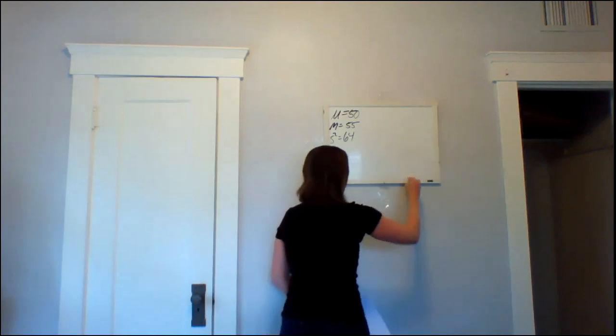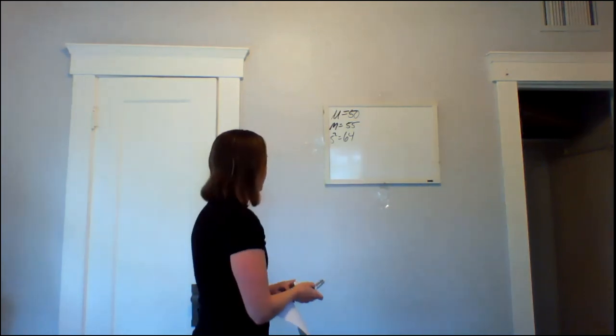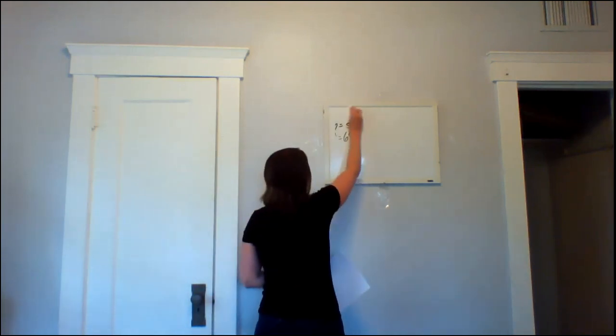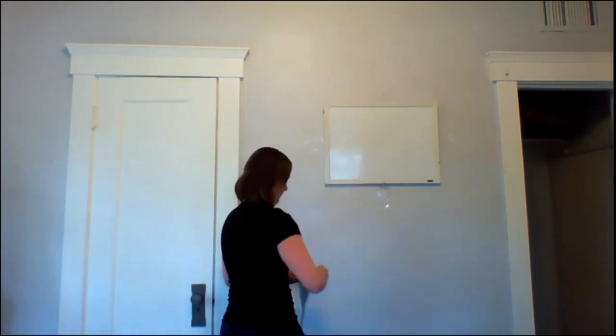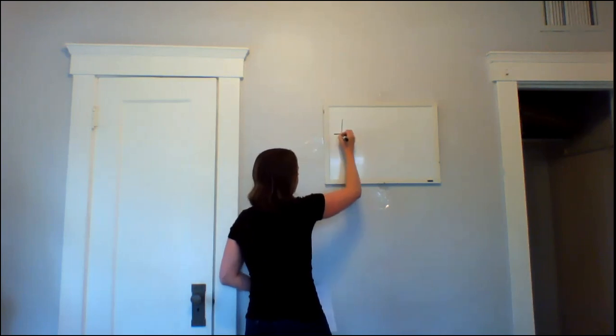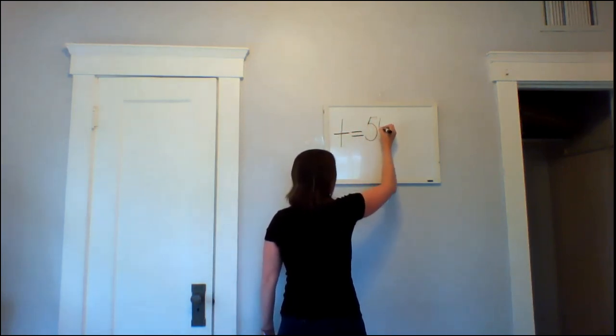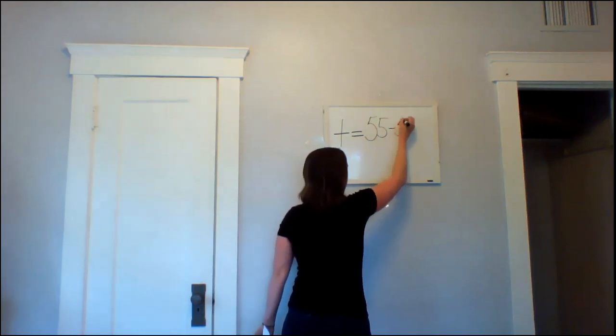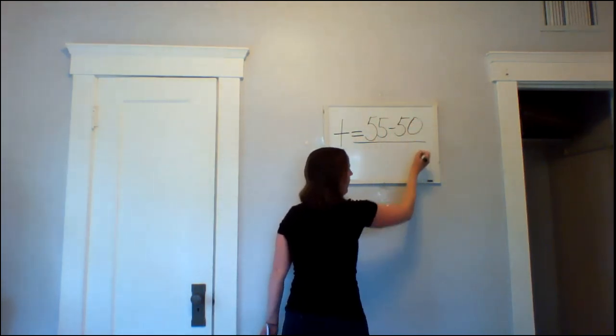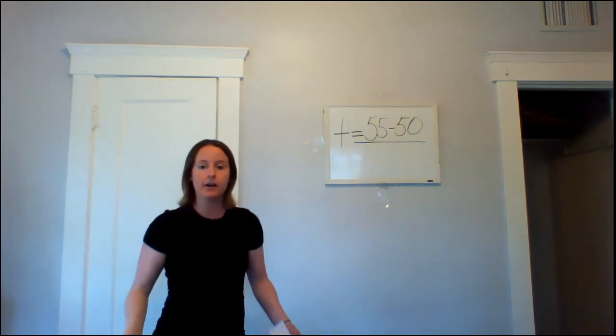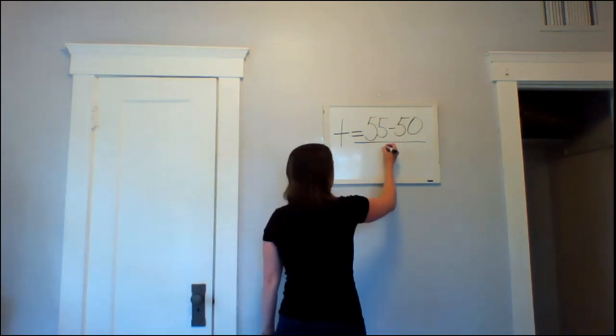So we know that t is equal to the sample mean, which is 55, minus the population mean of 50 over our standard error that we just calculated, which was equal to 4.